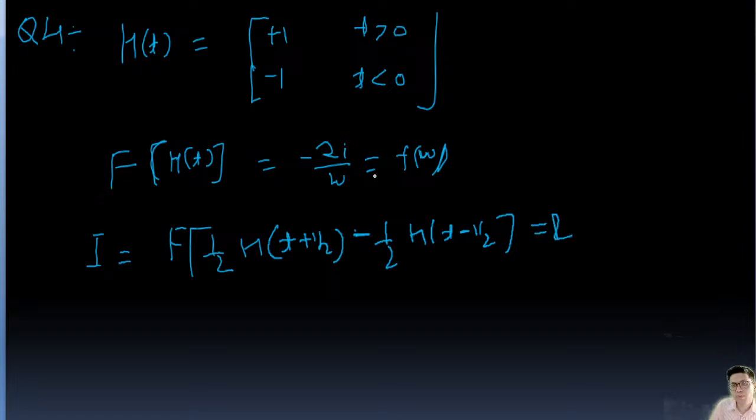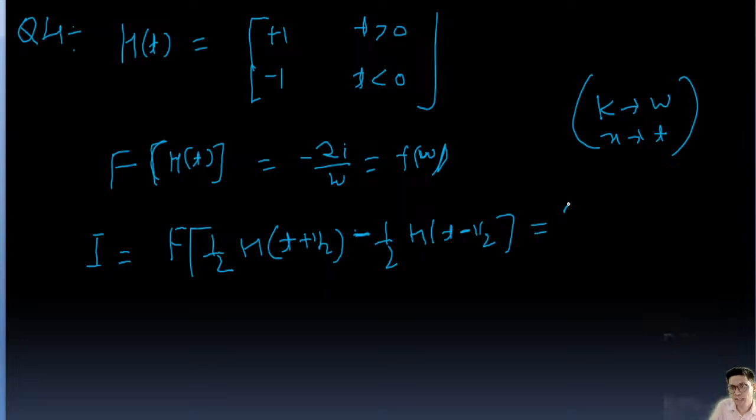So here the Fourier transform of h(t) is given as minus 2i upon omega. Here you can see that instead of k, omega is given, and instead of x, t is given. Same thing. So we have to find this value, guys.